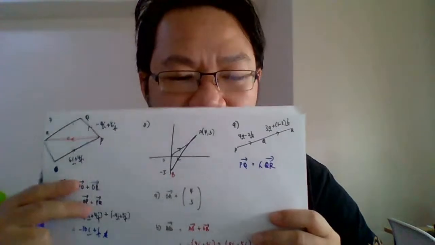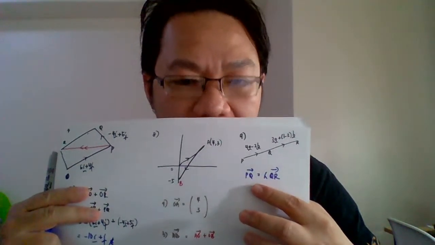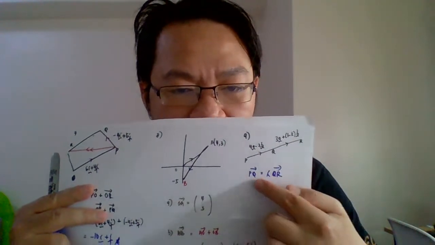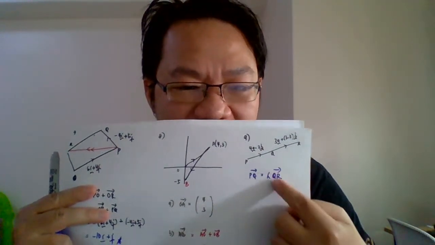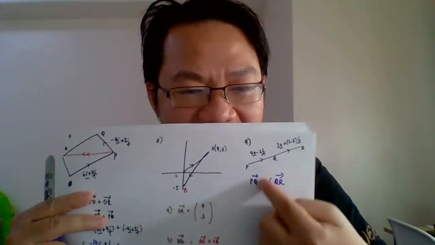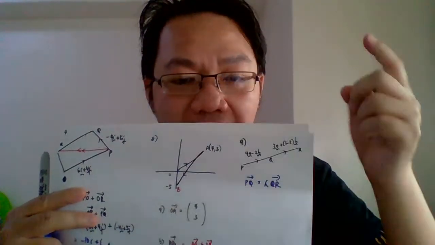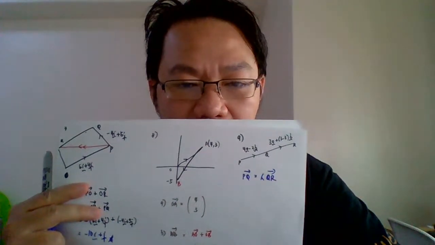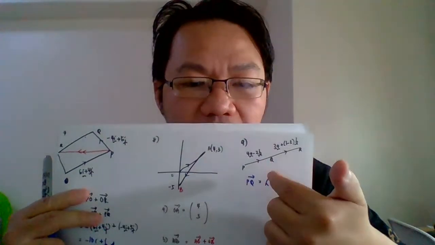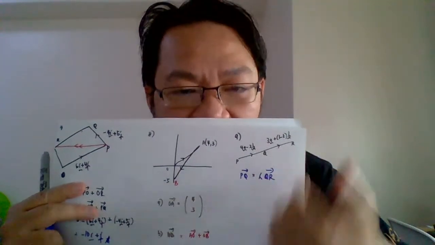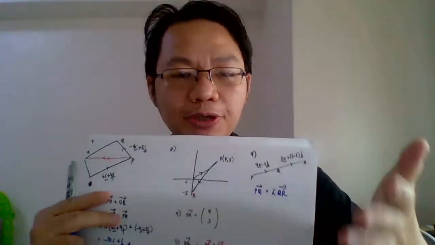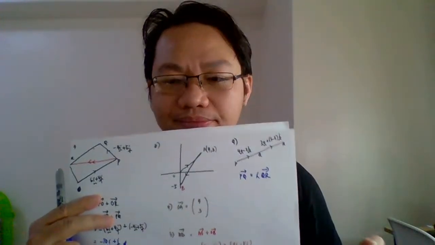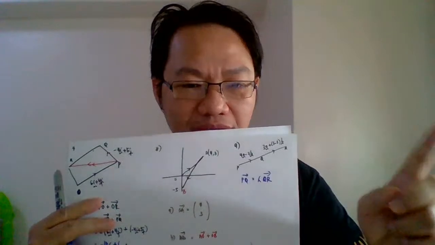This is the formula to solve the problem for collinear or parallel vectors. PQ equals lambda QR. Lambda here represents what? A number, a ratio, a fraction. So you need to identify the lambda first. After you find the value of lambda, then we can solve the problem. That's the first thing you need to do.